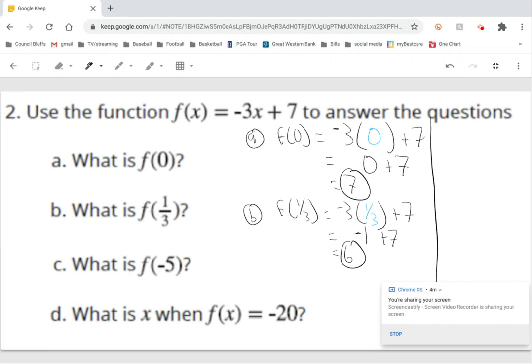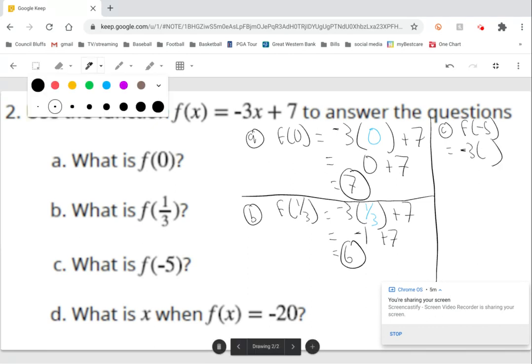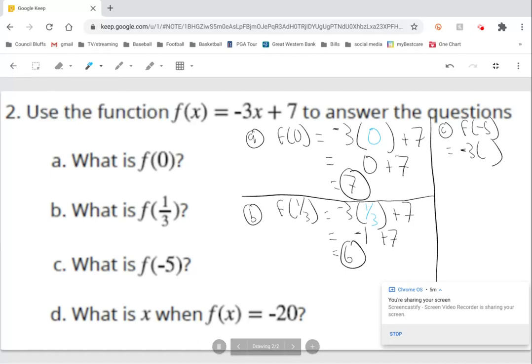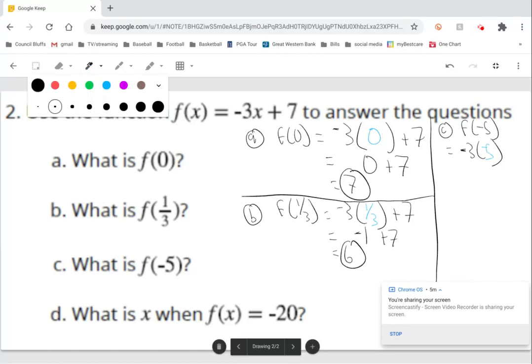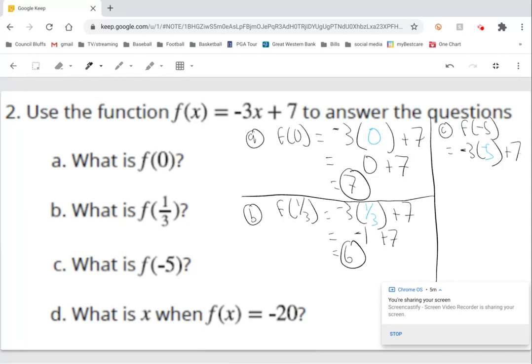Let's go to part C. F of negative 5. All right, so we're going to replace x now with negative 5. So negative 3 times x plus 7.